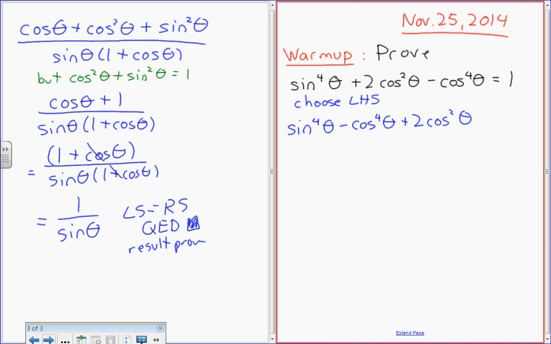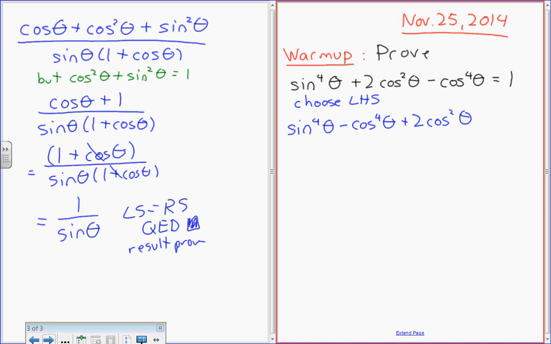When I look at that question, I have no idea how to deal with a cos 4 or a sine 4. I can deal with cos squared. I've seen that before. But sine 4 and cos 4 I can't deal with. So I'm going to put them together like that, as in sine 4 theta minus cos 4 theta.